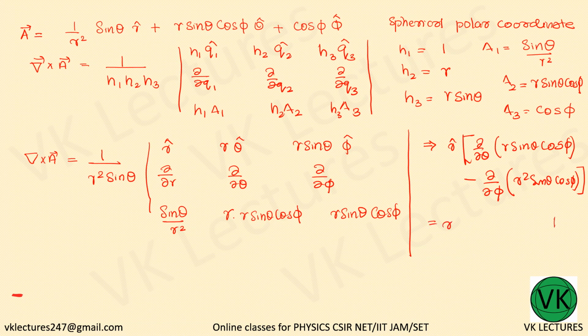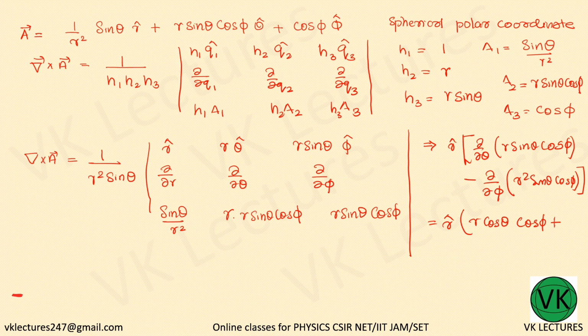That's equal to r cap into dou by dou theta, so sin theta becomes cos theta, so r cos theta cos phi, minus dou by dou phi.